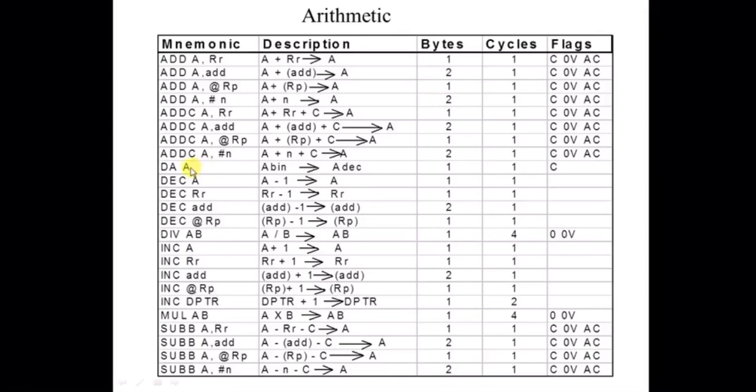This instruction helps us get the result, because generally you will get the result in hexadecimal form. If the result has hexadecimal characters, like A to F, and I don't want to see the result in characters, if you are looking to see the result only in numbers, you can use this decimal adjust after addition.